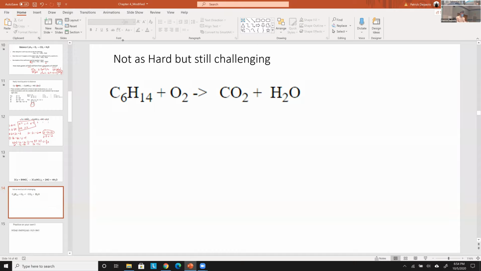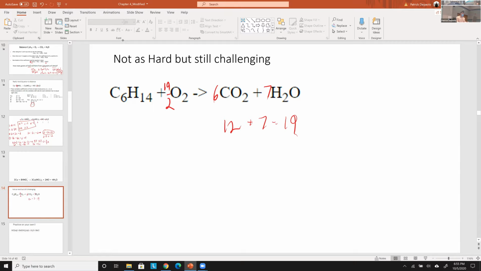Just more practice. Okay, so C6, there's 6 there, there's 1 here, put a 6. There's 14 hydrogen here, there's 2 here, put a 7. 2 oxygens here, now we have 12 plus 7 is 19. So we can force our fraction, or we can multiply it by 2, and we can put 19 over 2.